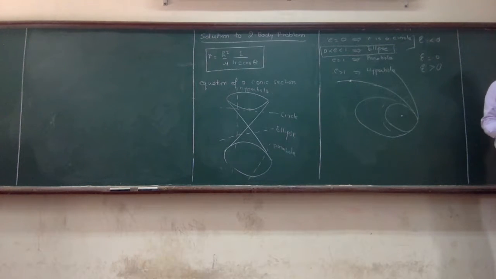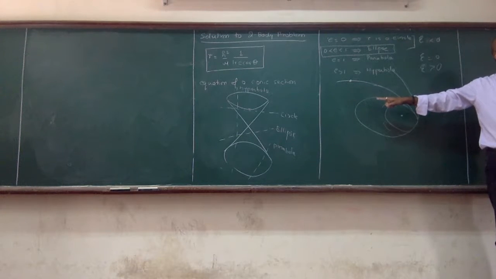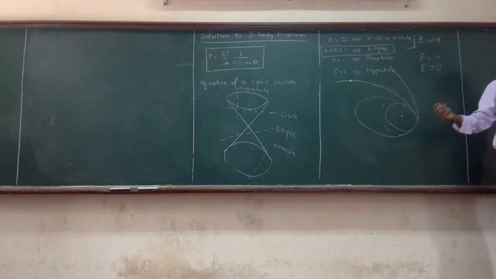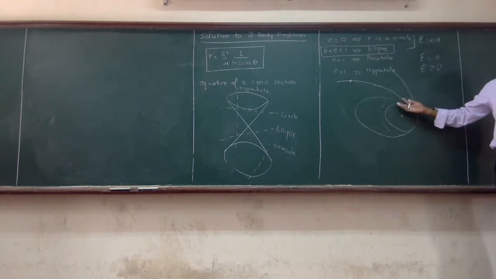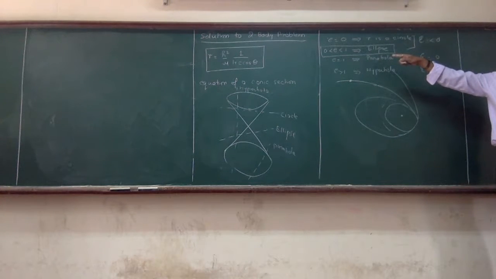What that means is, what happens when energy is 0? You have escaped the gravitational pull. But you don't have any more energy left to go beyond that or come back. You see that? That is when energy is 0. That is the parabolic orbit.